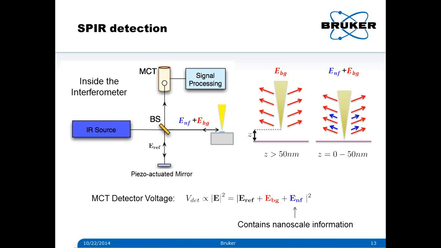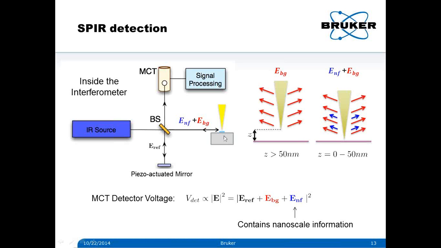And then we split this light in an asymmetric Michelson interferometer. So you have your beam splitter in the middle. Part of the light is going to the tip and it's back reflected and then led to an MCT detector. But the other part of the light coming from the laser is going over a reference mirror and reflected back to the MCT detector.